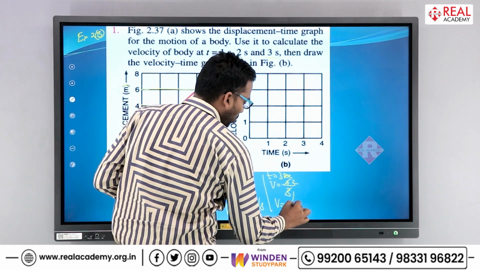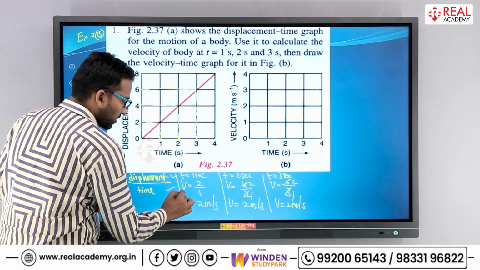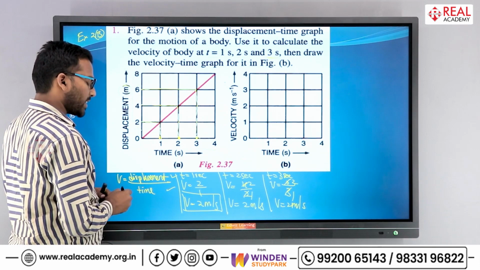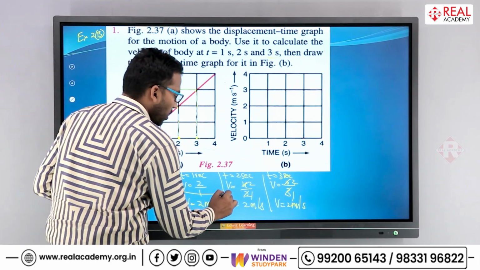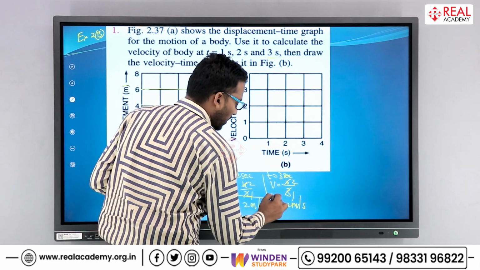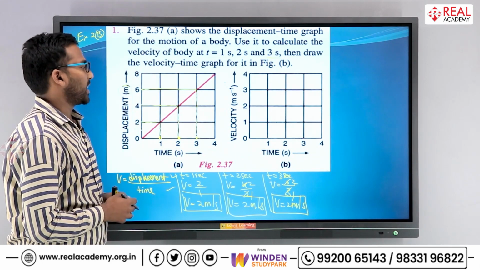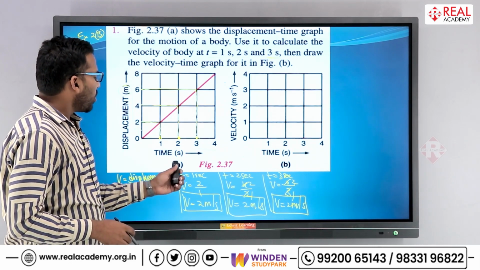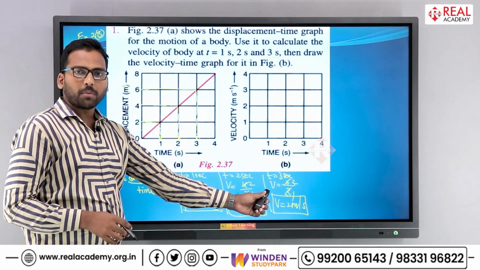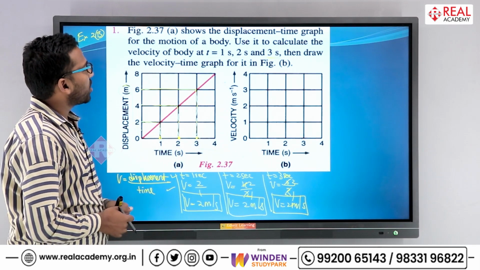Again we are getting 2 meter per second. For t equal to 1 second the velocity is 2 meter per second, for t equal to 2 seconds it is 2 meter per second, and for t equal to 3 seconds it is again 2 meter per second. That means for each instant of time we are getting the same velocity. That means velocity is constant.